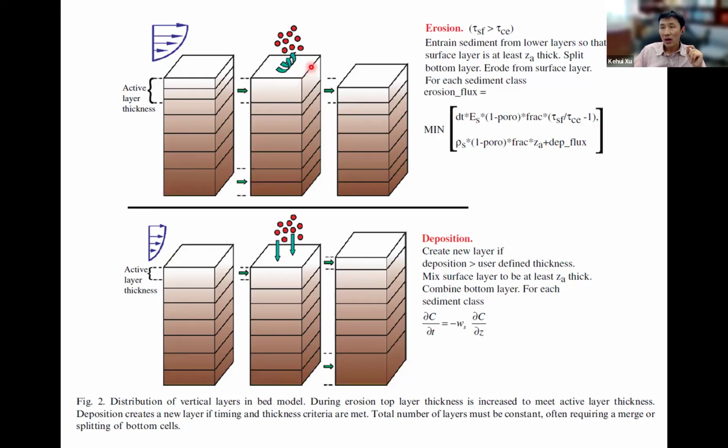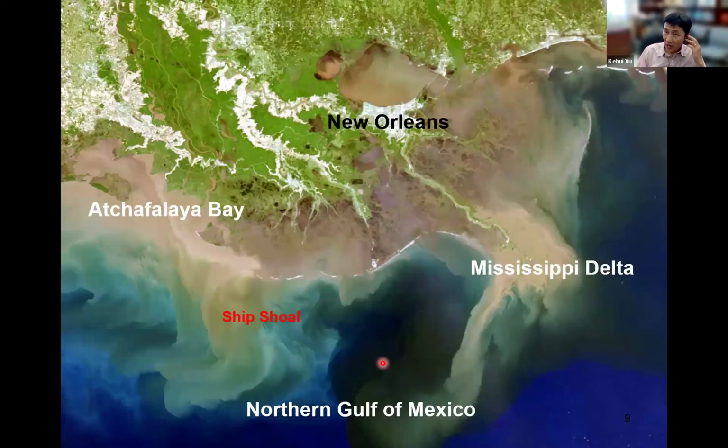Wherever you have strong waves or tides, sediment will be resuspended, and then you may either split the layer on the bottom, or sometimes even merge the layers on the bottom, in order to keep the total number of layers the same throughout the model simulation.